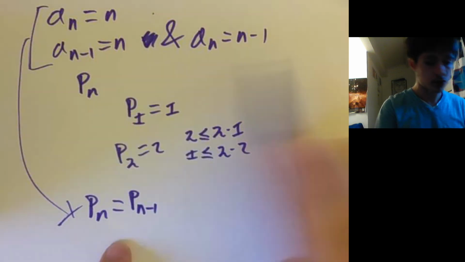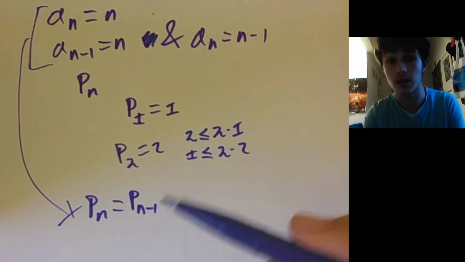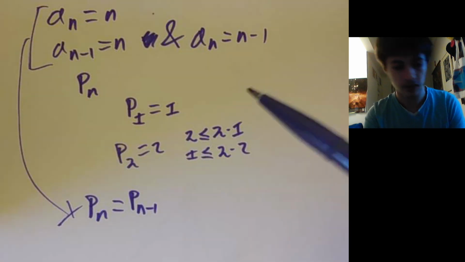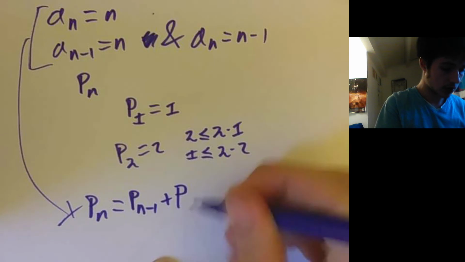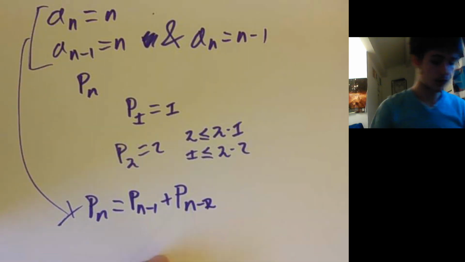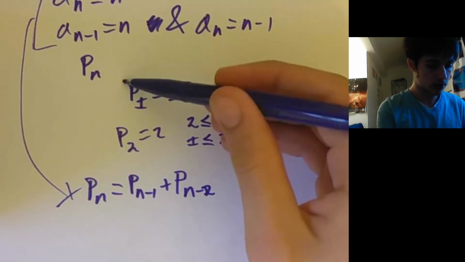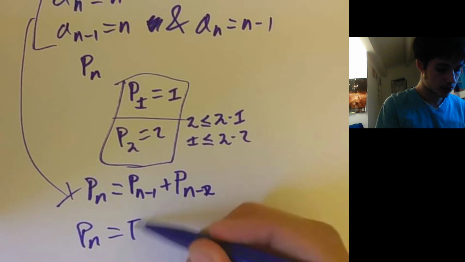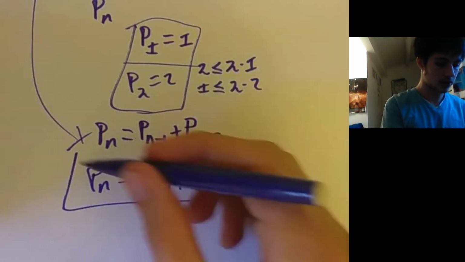In the other case, you have n and n minus 1 already filled in, and so you've just got a permutation satisfying the equations for n minus 2, and you can check that the extra conditions are always satisfied. So we get this equation, and this looks kind of familiar. This is Fibonacci, and together with these two facts we found up here, we see that p sub n will be equal to the Fibonacci number of n plus 1, and there we already got our answer.